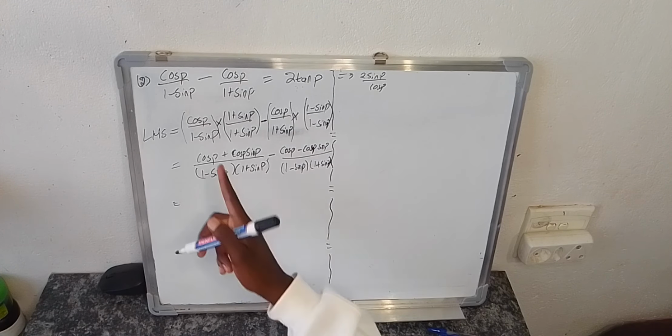You see? So now there's nothing that we can do at the numerator side, but there's something that we can do at the denominator side. Remember, at the numerator side we have to be left with 2 sine p, then at the denominator side we have to be left with only cos p. You see? So now here we have to make sure that we eliminate this cos p.